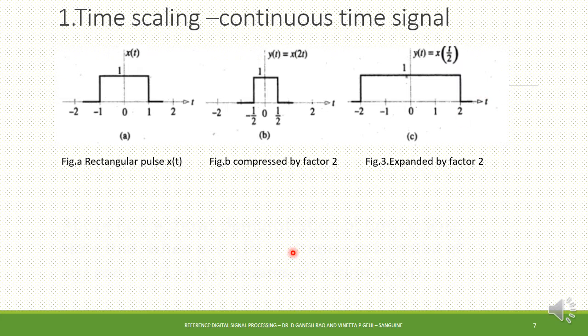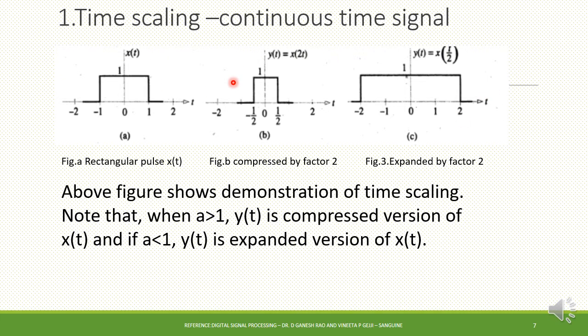The above figure is the demonstration of time scaling. Depending on the scaling, the shape of the signal changes.